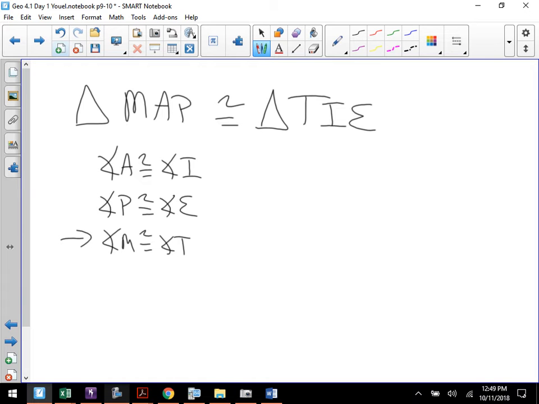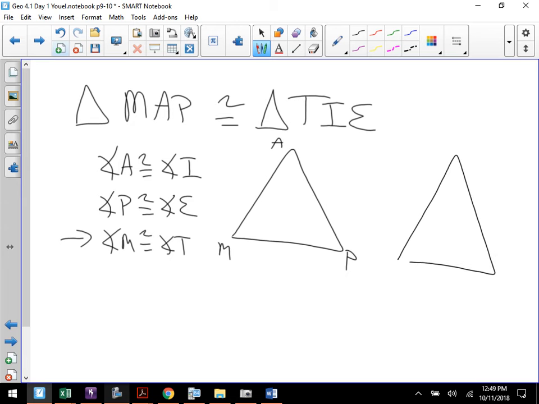And the last part says if angle A is 52, this is where drawing a picture comes into play. M, A, P, T, I, E. It says M is 52.